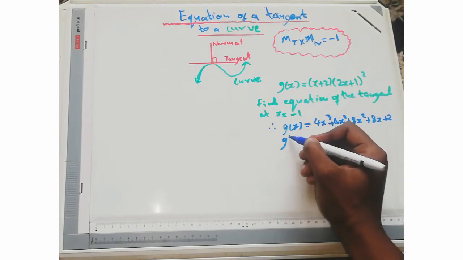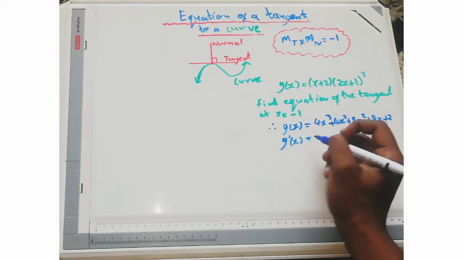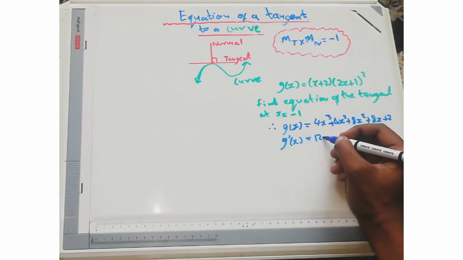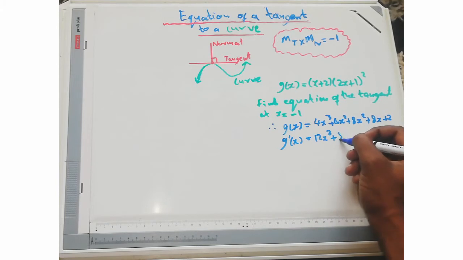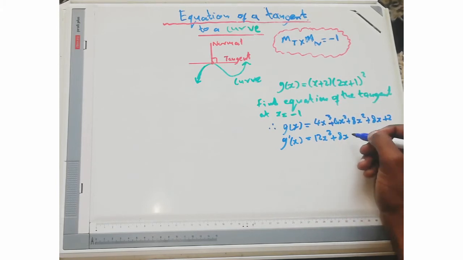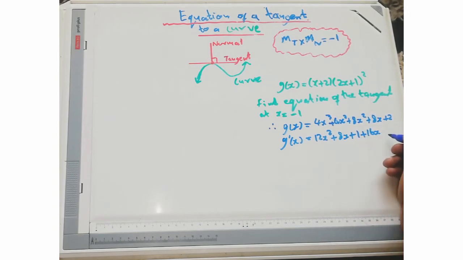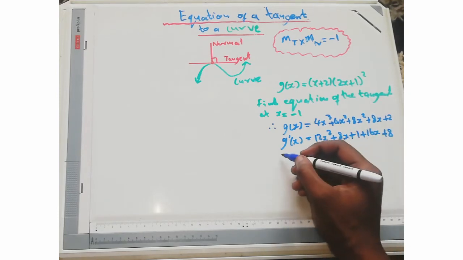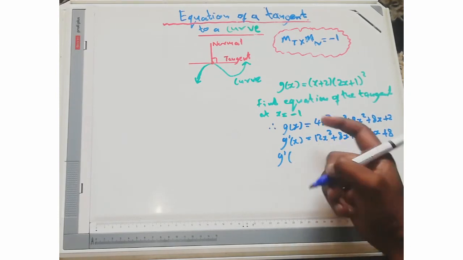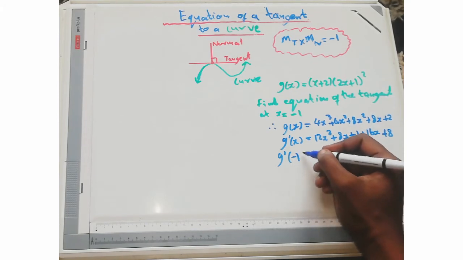And then your derivative will be 12x^2 + 8x + 1 + 16x + 8. And then after that, I have to substitute my given x point into the derivative.